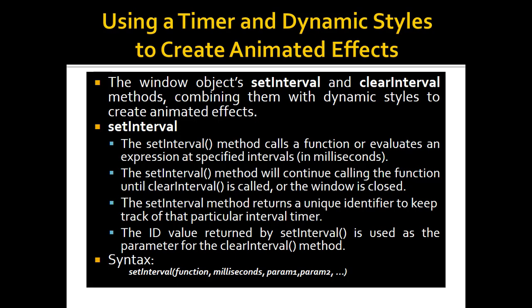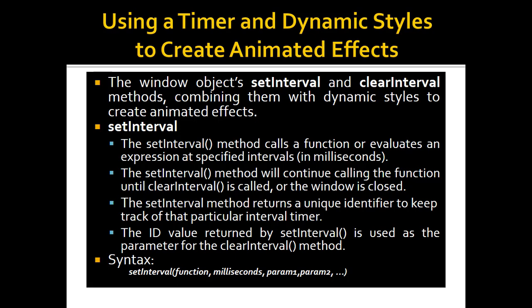Then we erase the ball in the current location and redraw it in the other location. In this way, we can create a moving effect for that ball. So here, by using JavaScript and dynamic styles, how can you create animations? That we need to discuss.